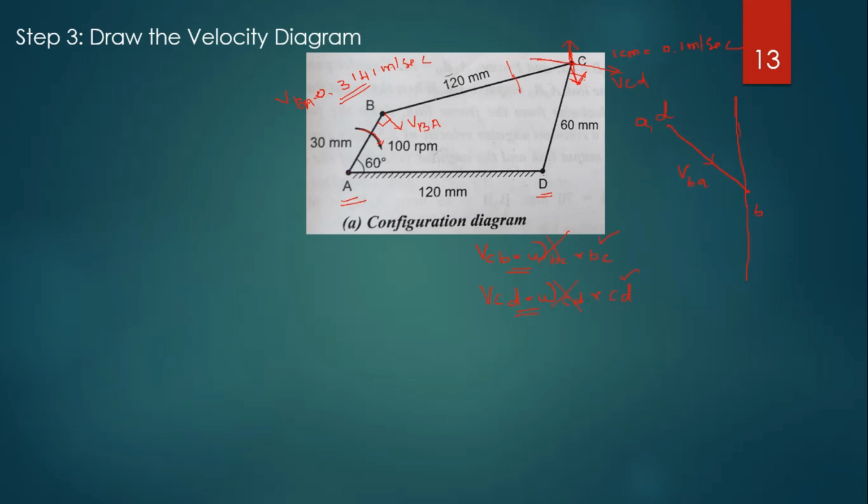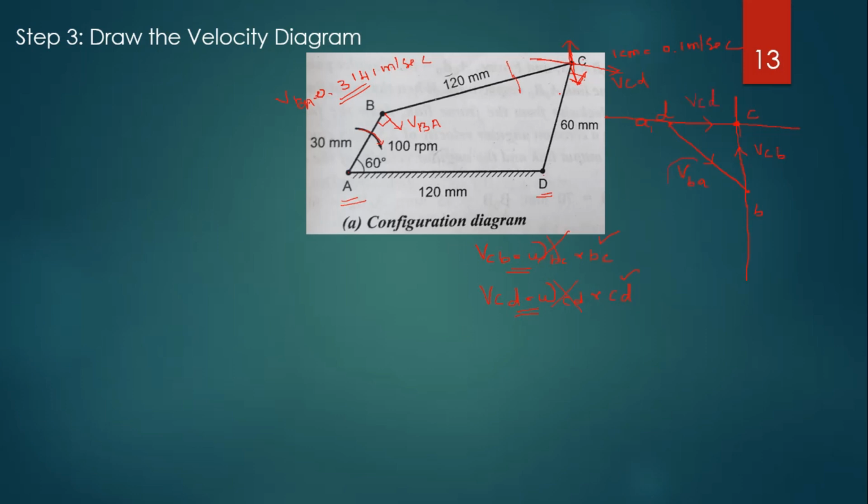So from point D we draw a line perpendicular to the line CD, right? Through D, this is the cutting point we got. This is called C, right? So draw the arrow mark for the velocity of C with respect to B, and similarly for the velocity of C with respect to D, right?